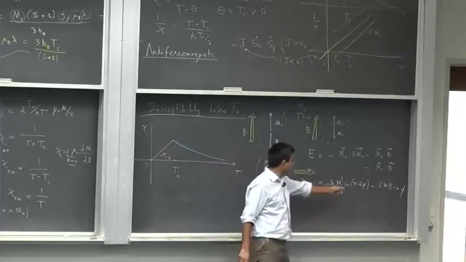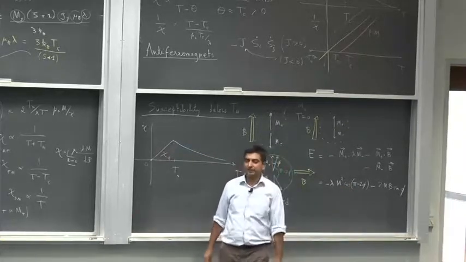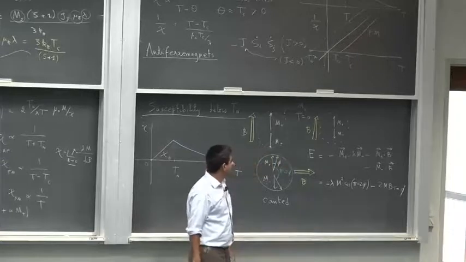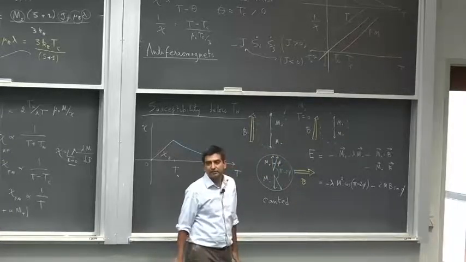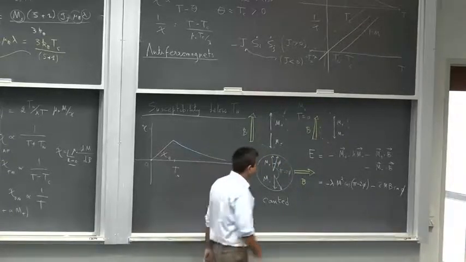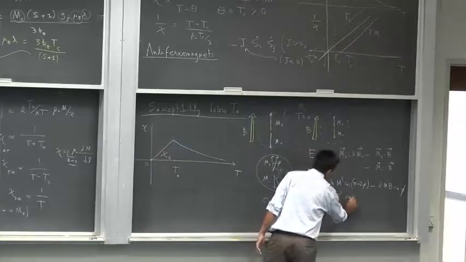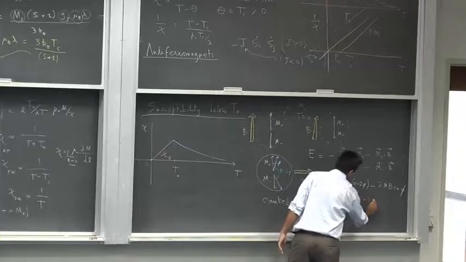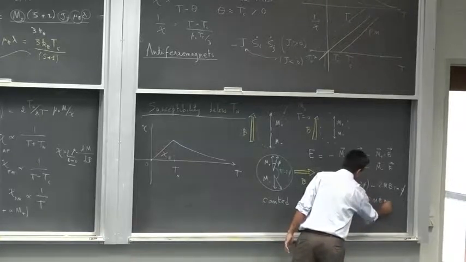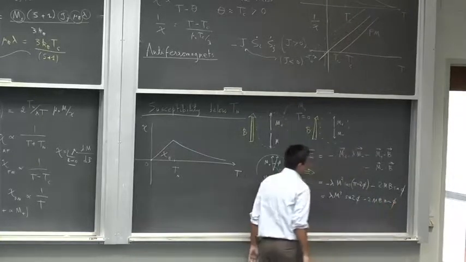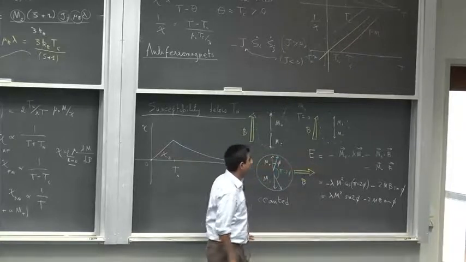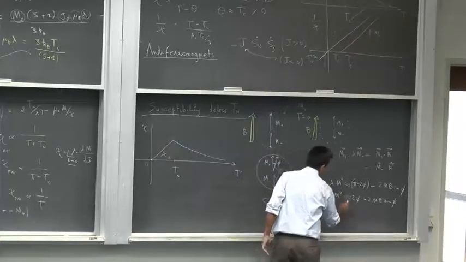Now what is cosine of pi minus 2 phi? So you get plus M square cosine of 2 phi minus 2 MB sine of phi. Sorry, cosine of 2 phi.